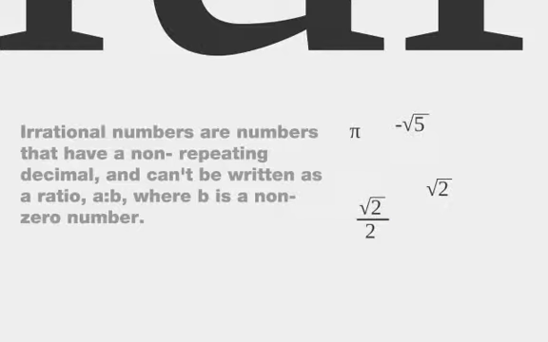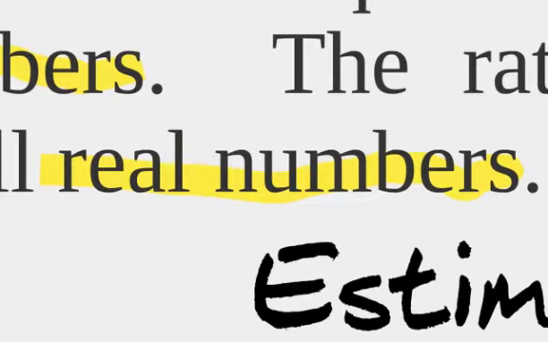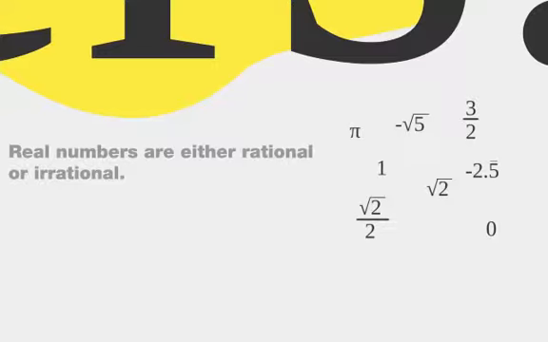So these are all irrational numbers, okay? Now, irrational and rational numbers together make up a group called real numbers. You put those two groups together and they're real numbers, not fake numbers, not imaginary numbers, but legitimately real. So real numbers are either rational or irrational.